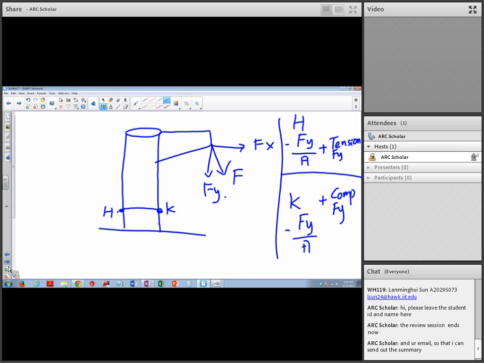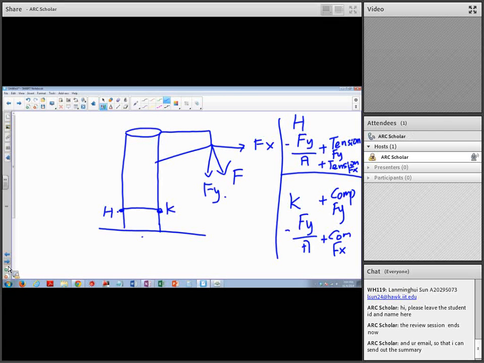The Fx is pulling this way, right? When you pull, this thing is still going to be turning this way, right? So it's the same. Fx will cause a tension in point H, tension done by Fx, and a compression done by Fx at the other point.